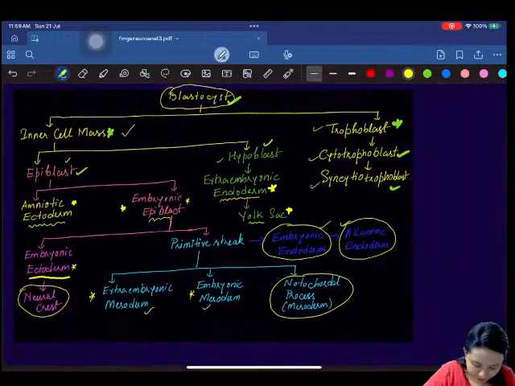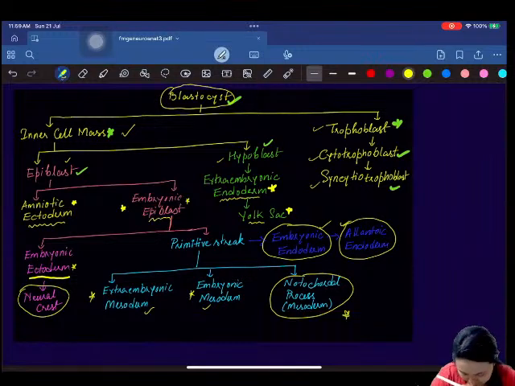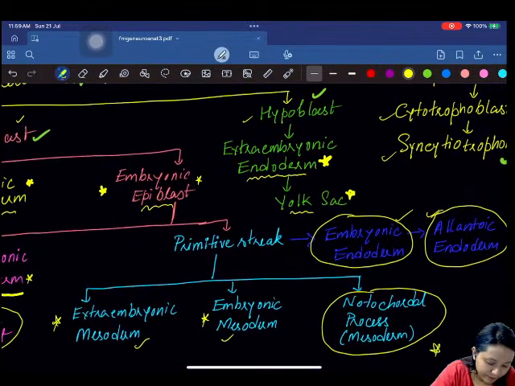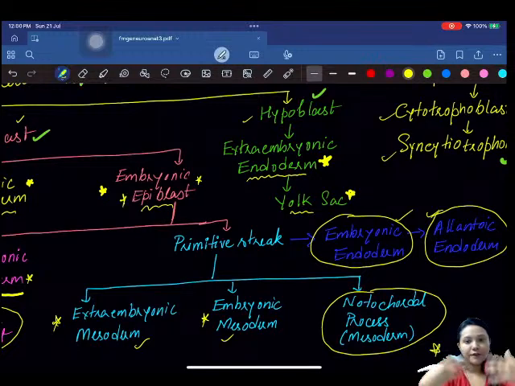So you can see that notochord is ultimately arising from your primitive streak, and the primitive streak is again arising from your epiblast. So ultimately the notochord is coming from the epiblast. It is coming from the primitive streak, which is formed from the thickened epiblast.